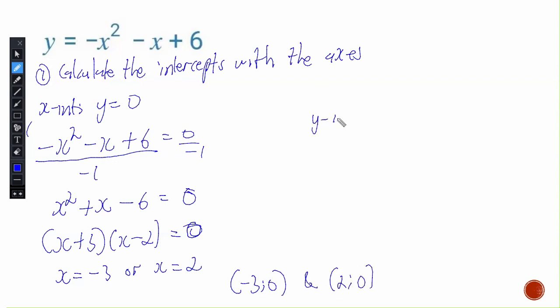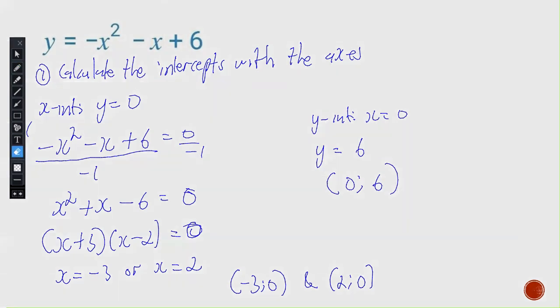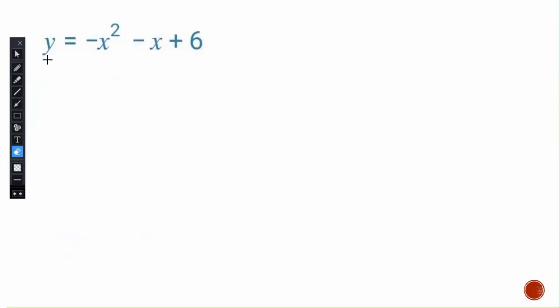Now, when it comes to the y-intercept, that's where your x is 0. So your y-intercept is simply y equals 6. In coordinate form, that's (0; 6). Okay, nice. And then come to the axis of symmetry. Number 2, axis of symmetry.